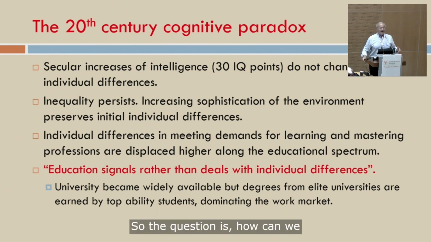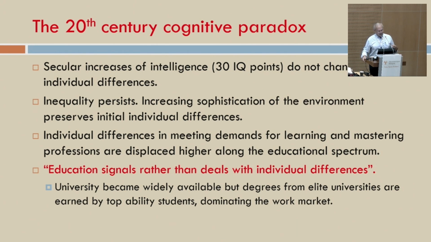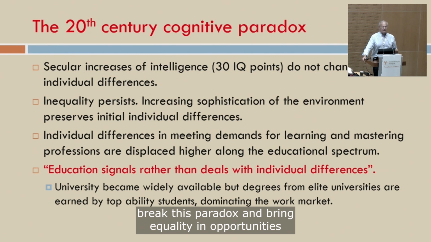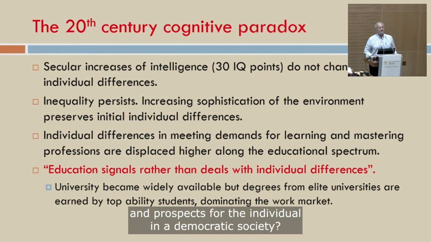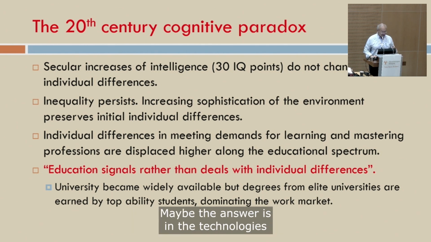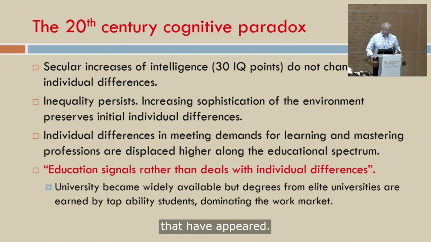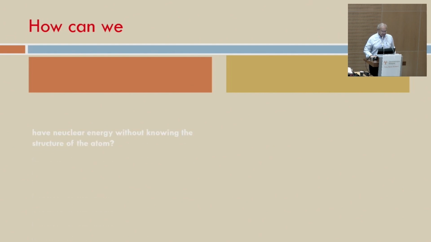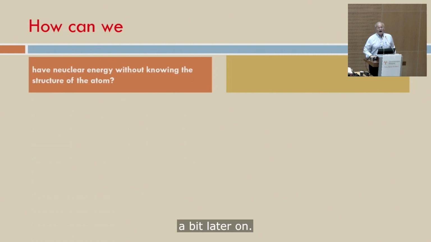So the question is, how can we break this paradox and bring equality in opportunities and prospects for the individual in a democratic society? Maybe the answer is in the technologies that have appeared, but I will get to this a bit later on.